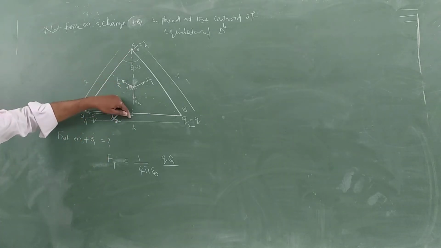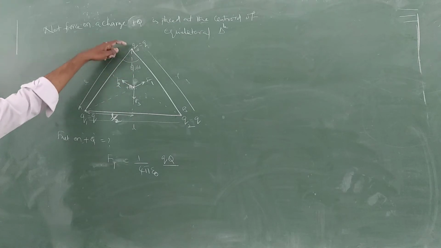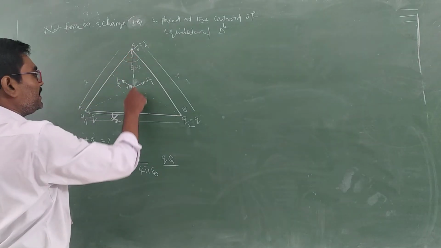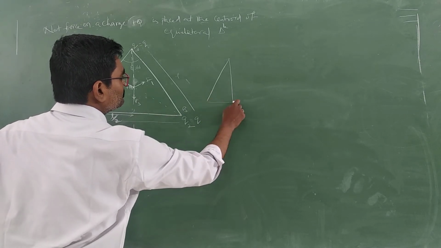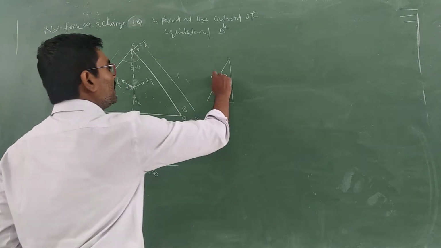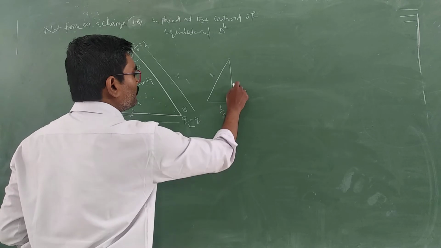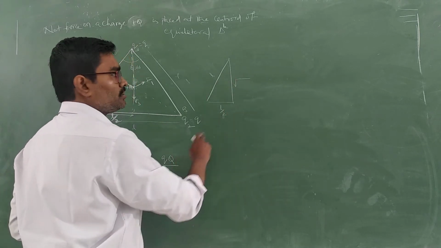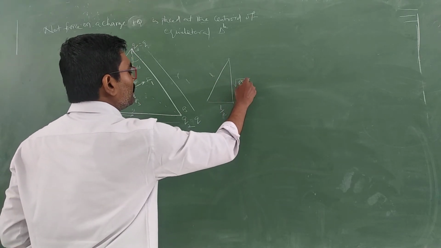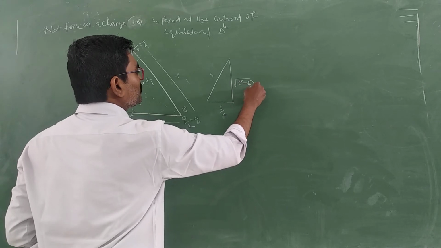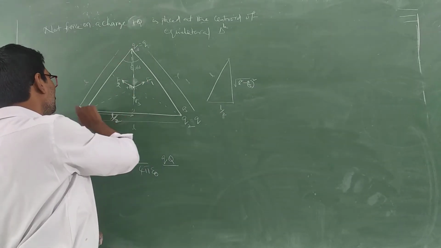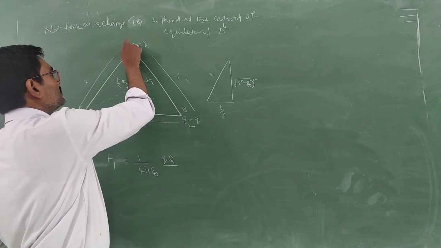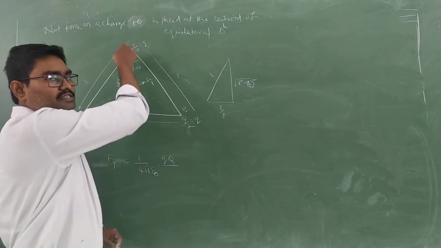Then what about this height? This is like a right-angled triangle. This is side L and this is L by 2. And what about this? Root over L square minus L by 2 whole square. Correct? This is A, B, C, and CD is the perpendicular.